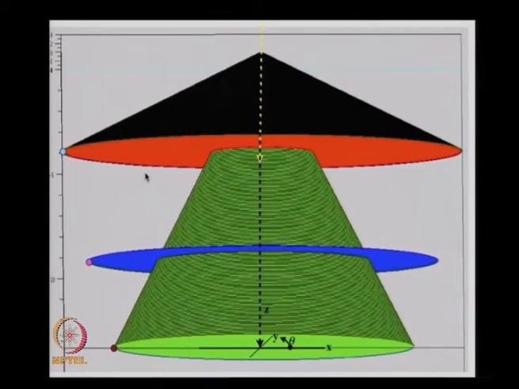So say I have this vertical, and then I lift it so that this radial line gives me this particular point. This radial line originates from the vertex. Similarly, let us look at this point here on the blue plane.